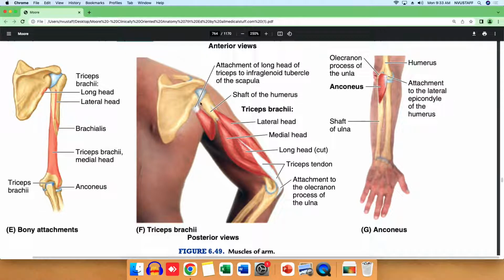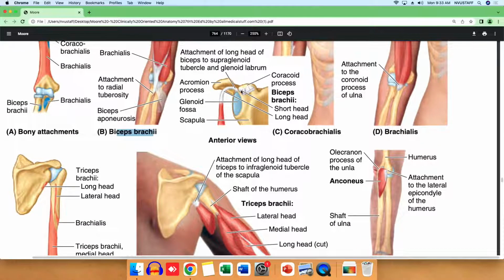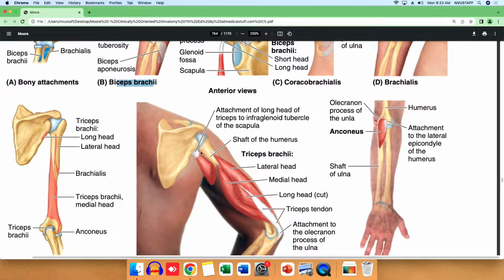The funniest part is that, as it was in the case of the long head of the biceps brachii, where we had the supraglenoid tubercle and its attachment was here, in the case of the long head of the triceps brachii, you can find the infraglenoid tubercle of the scapula, and as a result the attachment of that head would be literally represented here.